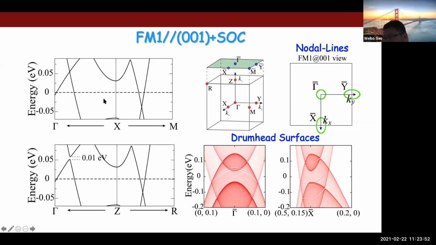I think the transport measurement is important because for the ARPES measurement, the bulk gap is pretty small, as you can see here, just only 10 meV, so it is hard to confirm in the ARPES measurement. But the transport measurement will give you different anomalous conductivities that will allow you to distinguish the different topological phases.